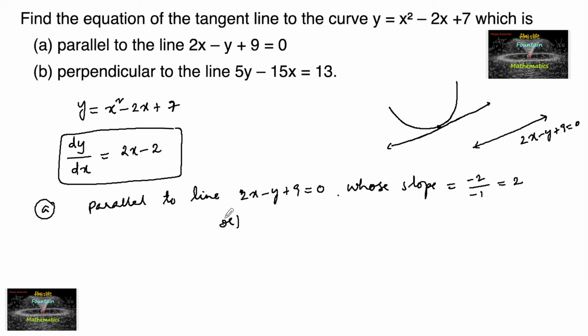or else we can write this as y is equal to 2x plus 9, which is in the form of y is equal to mx plus c, so that we can mention slope is 2.